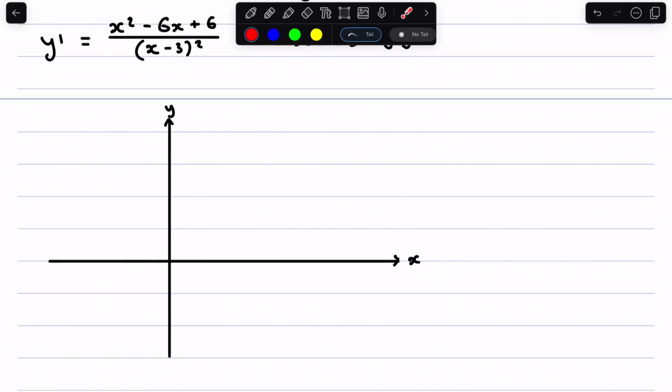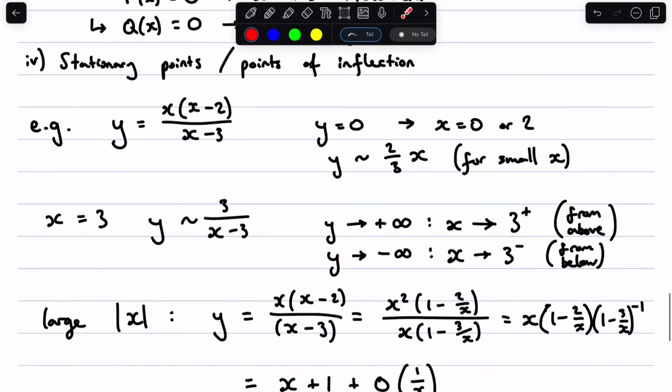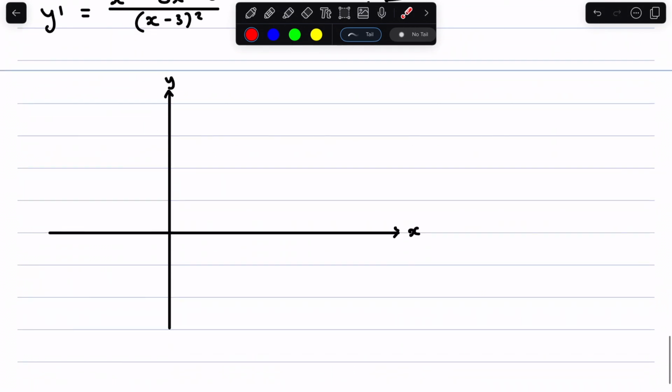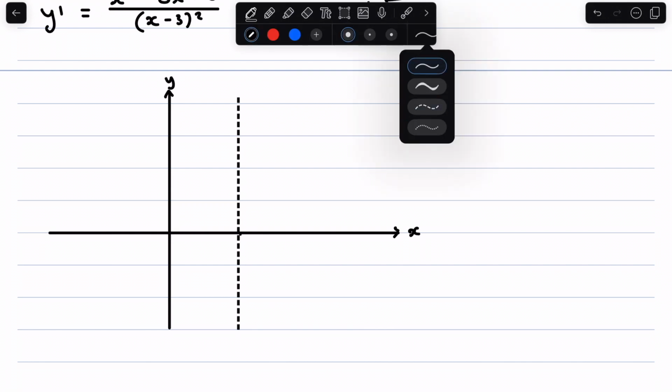So we just start with our graph coordinates like this, where y and x are as normal. The first thing we might draw is our x equals 3 asymptote, which is for when x tends to 3, y tends to plus or minus infinity, so there must be this vertical asymptote around x equals 3. So let's write 3 to make sure we know what we're talking about.